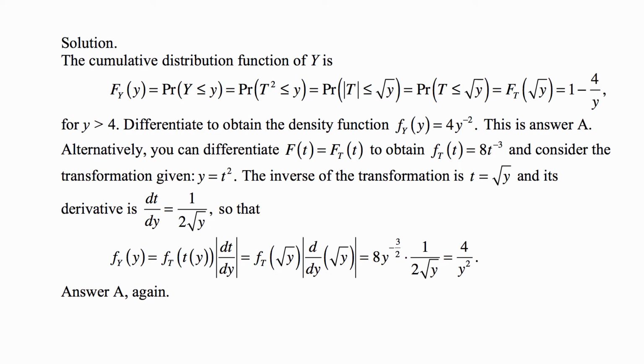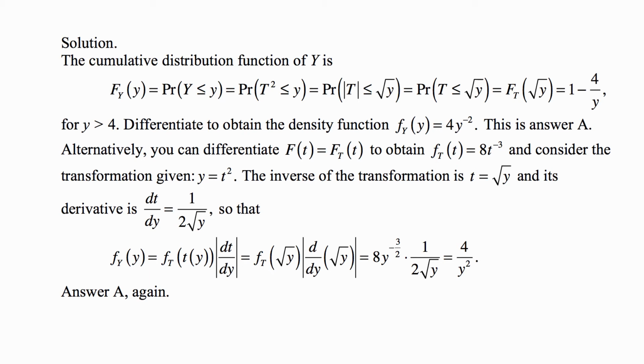Or you can find the density of t. f sub T of t is the derivative of the cumulative distribution function, and that's equal to 8t to the negative 3. And consider the transformation that we have, Y equals t squared. The inverse of the transformation is t equals the square root of y, because the values are only positive.